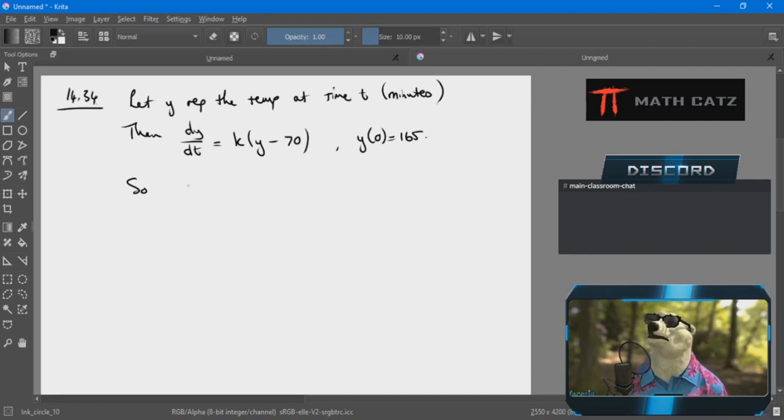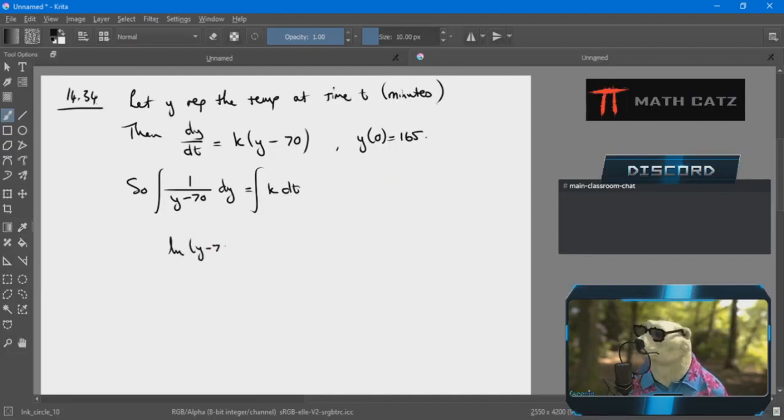So I want to separate the variables. So my bracket is going to have to go to the other side. I can only separate the variables with multiplication and division. I can't really separate this y and the 70. Then I integrate both sides. Then this left side is a substitution, but it's so simple I can guess and check my way to it.